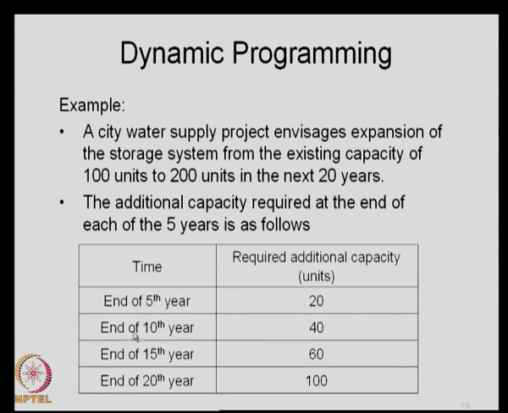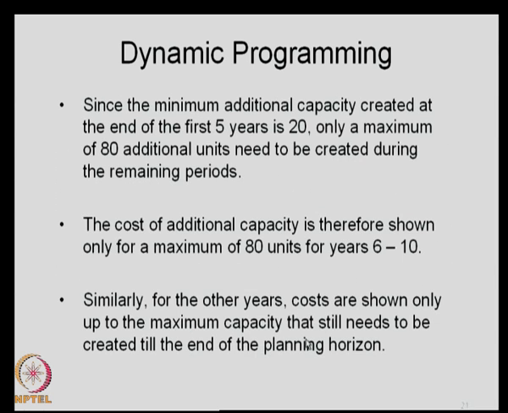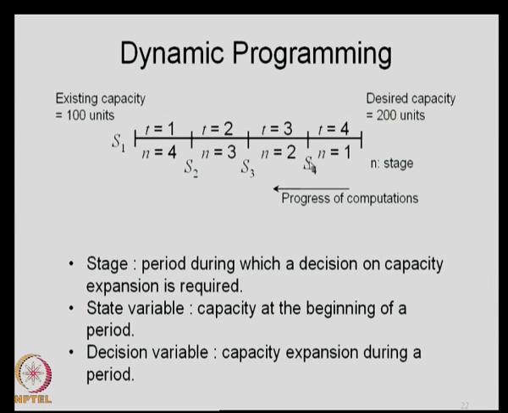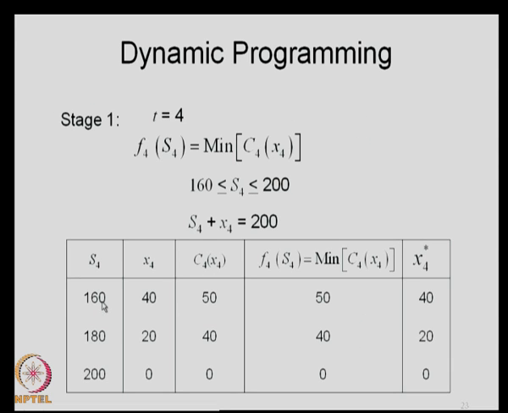You see here, this was 60, you had 100. So, minimum of 160 should be there. Therefore, S4 cannot be anything less than 160, it has to be 160 and it can go up to 200. So, the question that we ask is, if S4 is 160, if S4 is 180, if S4 is 200, what should be my X4, such that the cost associated with that is minimum.